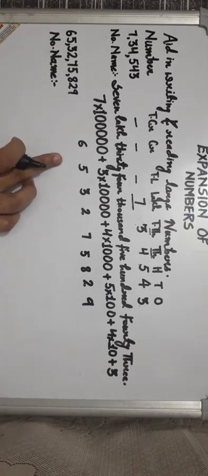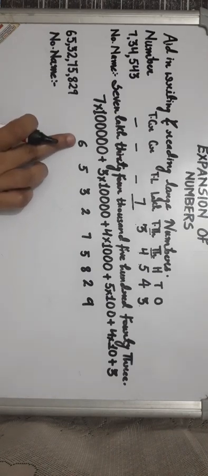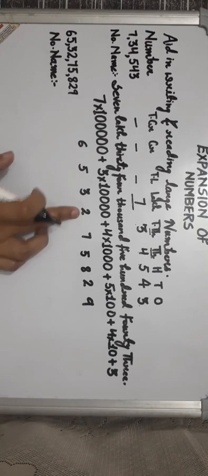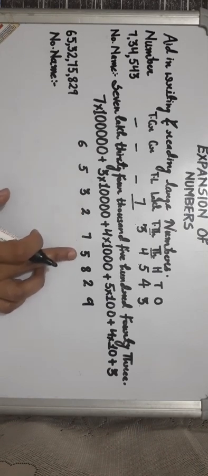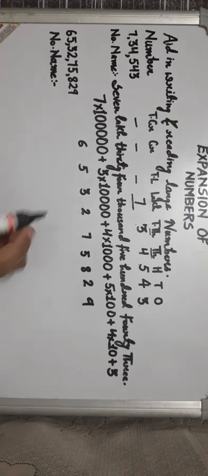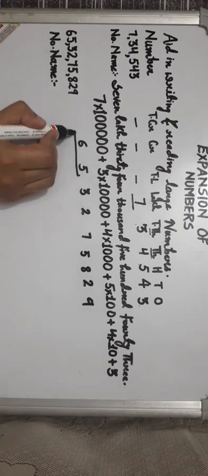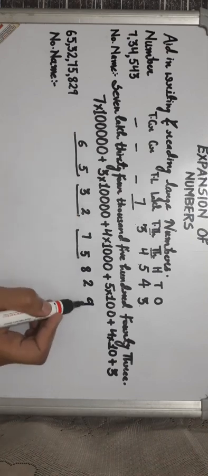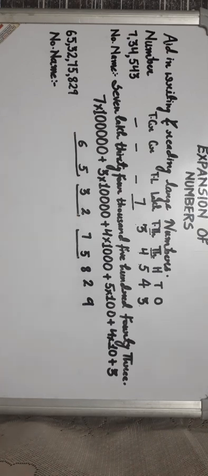Firstly, let's see how to read it. 65 crore, 32 lakhs, 75,829. Okay? Because this is crore, lakh, thousand and this is ones, tens, 100. Okay?